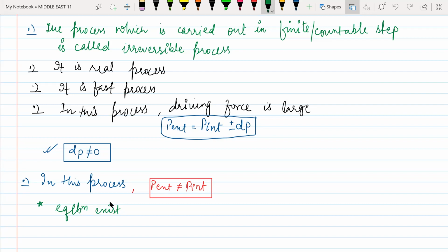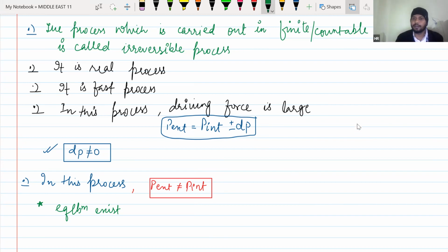In reversible process, it maintains its equilibrium at every step. But in irreversible process, the driving force is so fast that it maintains its equilibrium position at only the starting and final point. In between them there will be no equilibrium.